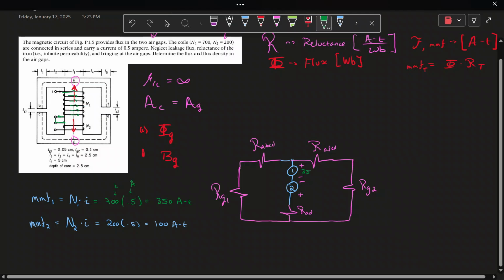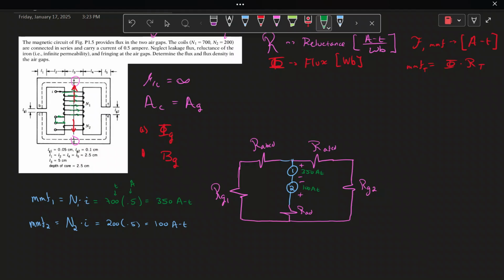But now we know this is 350 amp turns, and we know this is 100 amp turns. And in total, we have 350 minus 100 is 250 amp turns. So is the polarity plus on top and minus on bottom, or is it minus on top and plus on bottom?